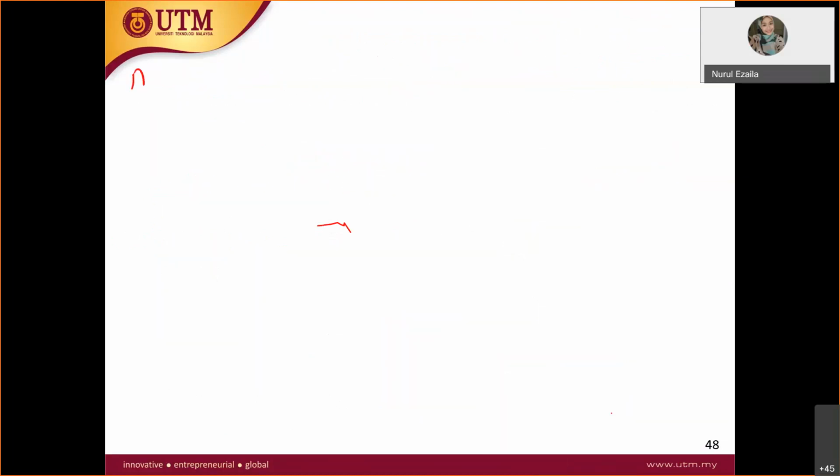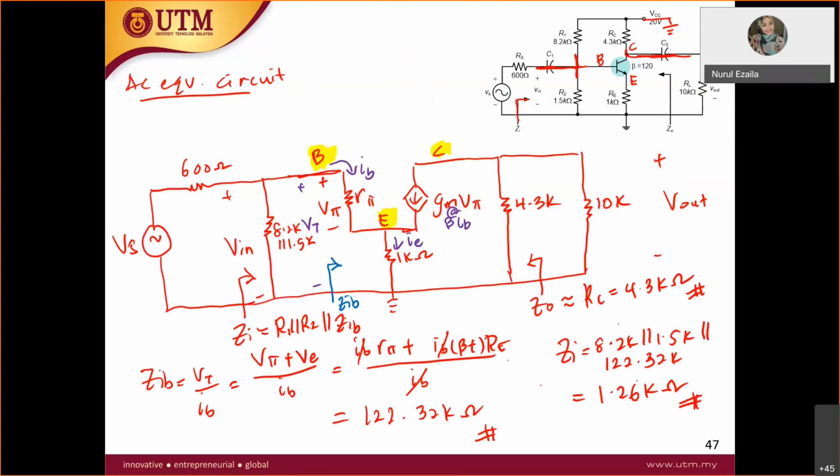Vout is equal to the voltage across this resistor, but without RL, meaning without this 10K. So Vout without 10K is equal to what?